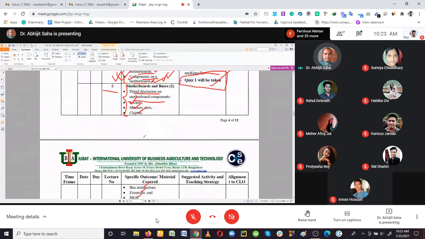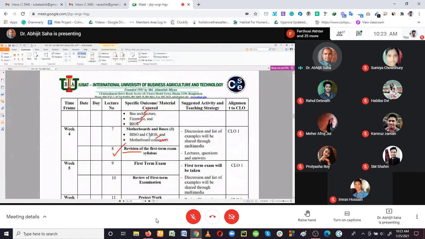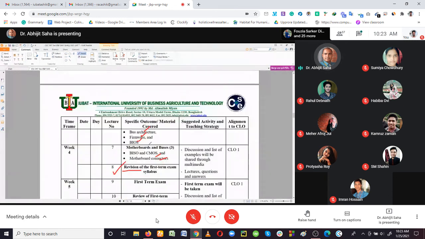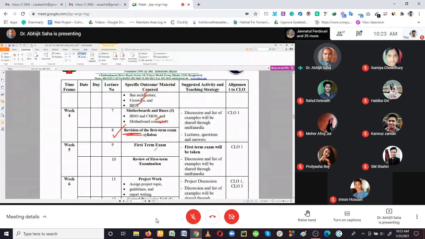Based on the demand of the students, we can revise the topics we have discussed from the first class up to the motherboard. Then we are going to move to the first examination.